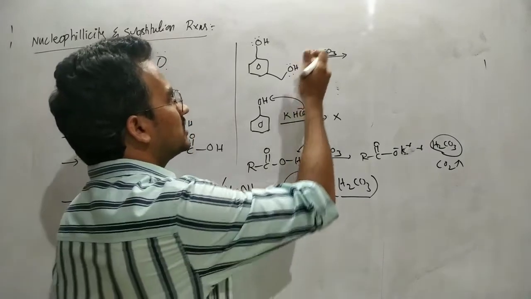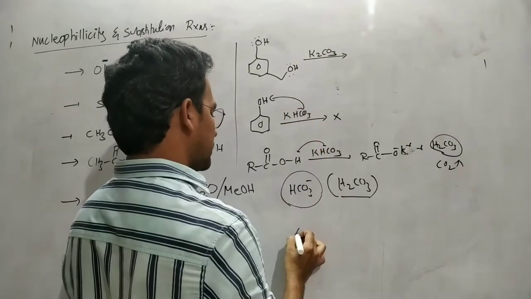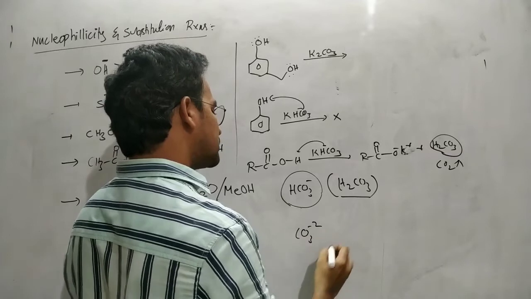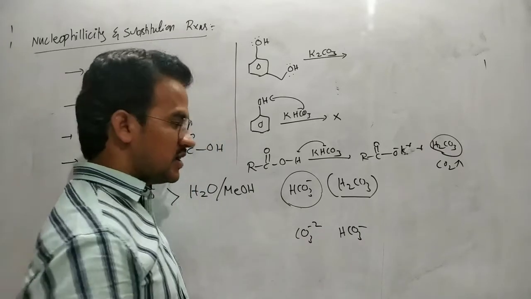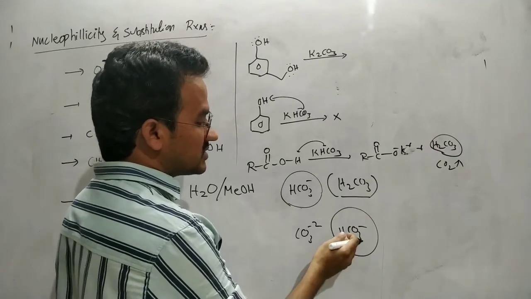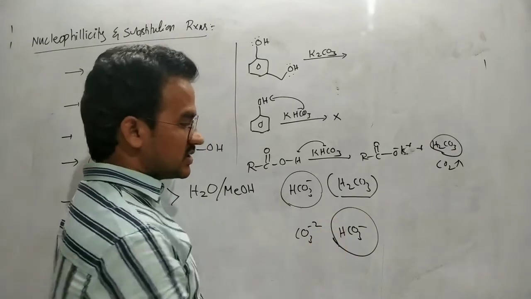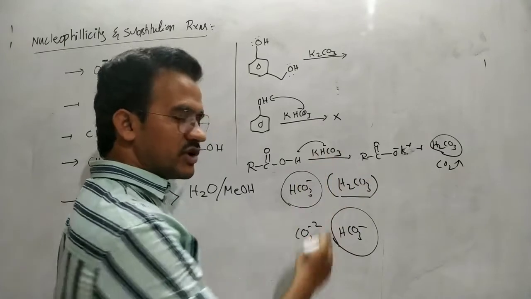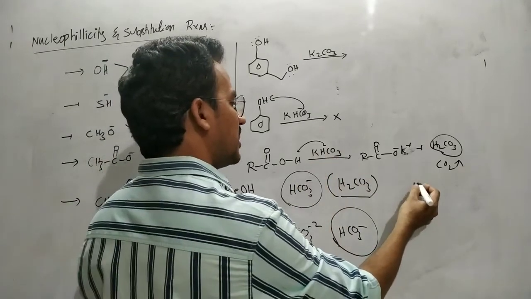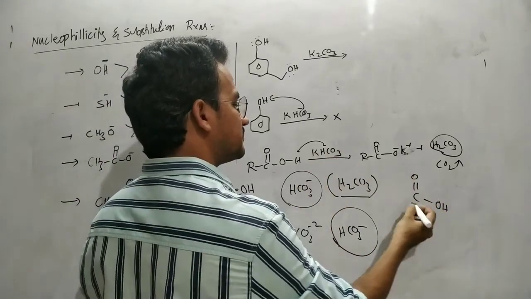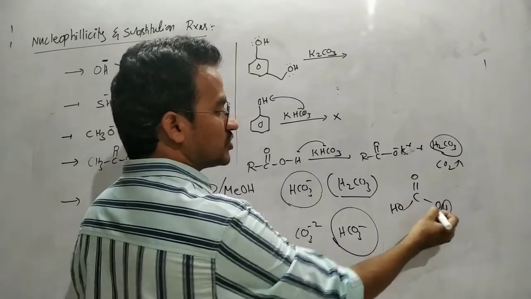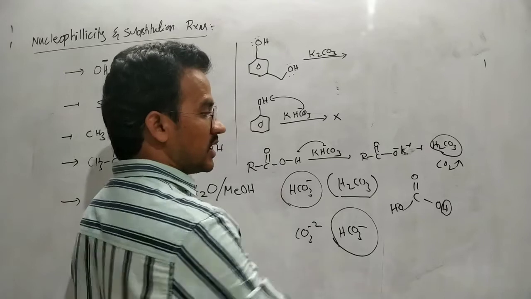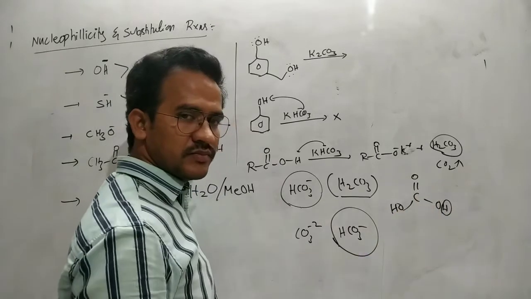But here we have CO3 2 minus, the conjugate base of HCO3 minus. H2CO3 is a diprotic acid. The first proton is the active proton, with a higher Ka value.